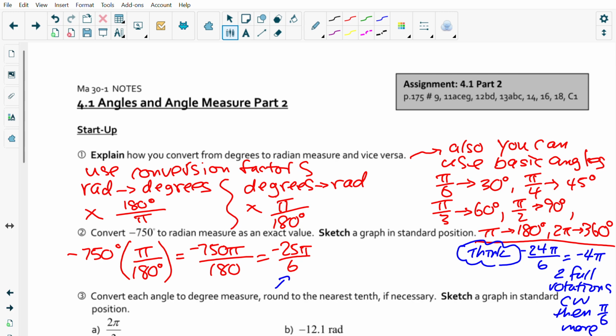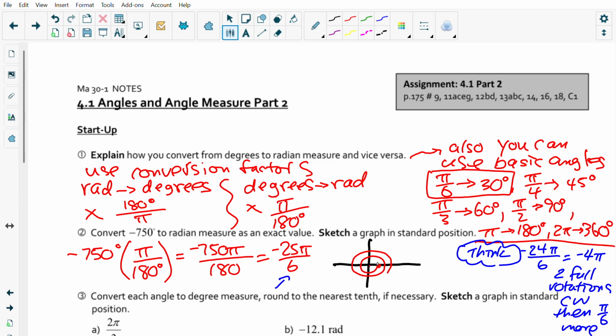I want you to think this way when you're sketching things in standard position, so it makes it a lot easier to think about. So let's do it. I'm going to go 2 full rotations, then pi over 6 more, which is 30 degrees more. So let's start here. We're going clockwise because this is a negative angle. 1 rotation, 2 rotations, and then pi over 6 more, which is 30 degrees, right about there.